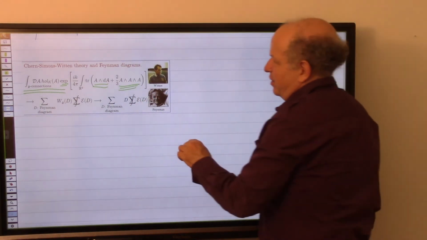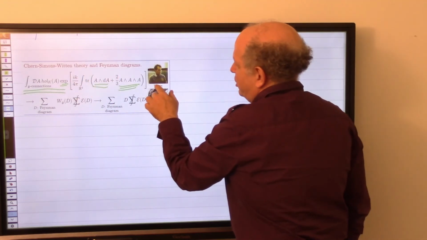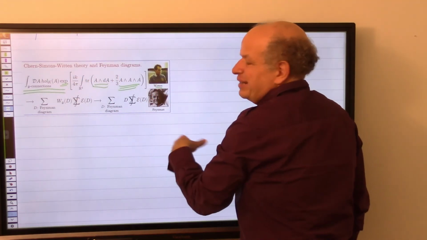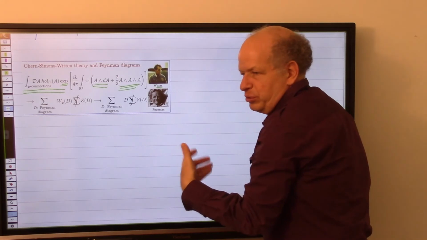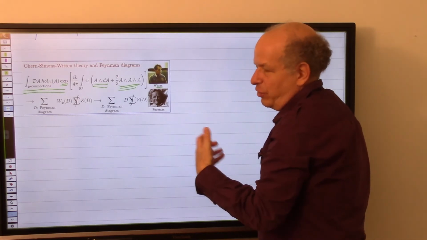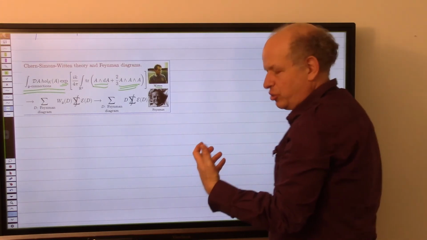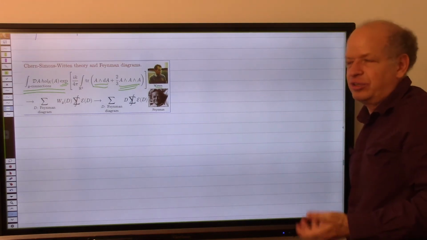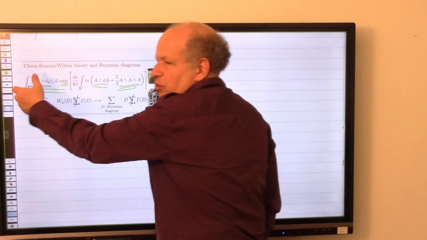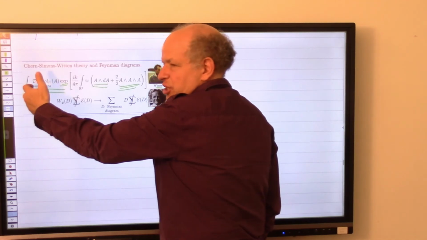This particular Lagrangian was written by Witten, but the technique for how to compute such integrals, or one technique, so for mathematicians these integrals don't even make sense because there's no Lebesgue measure on an infinite dimensional space.